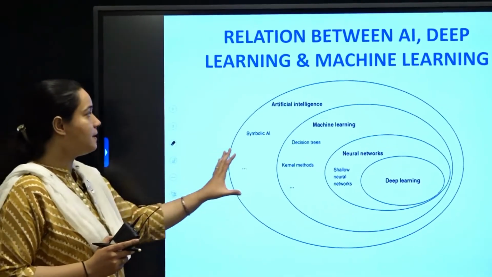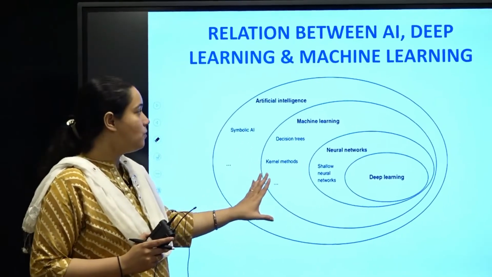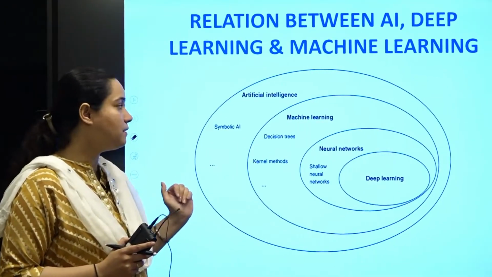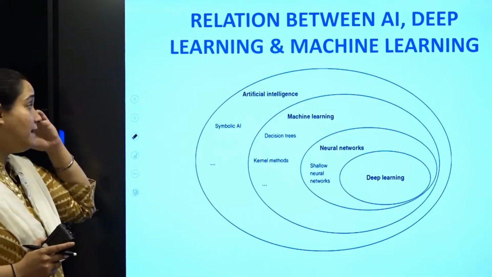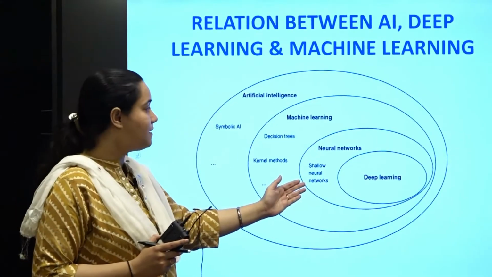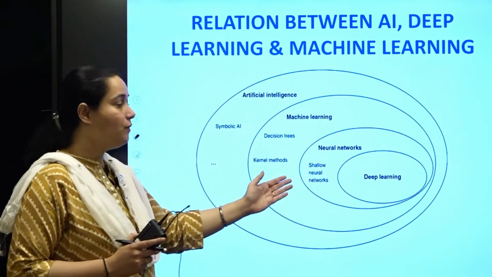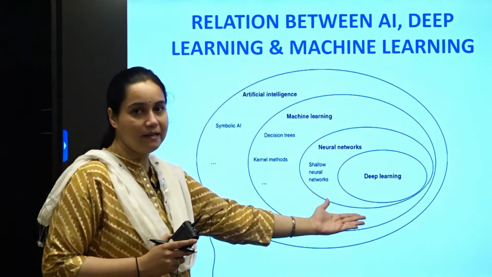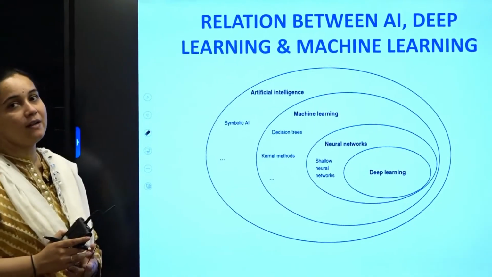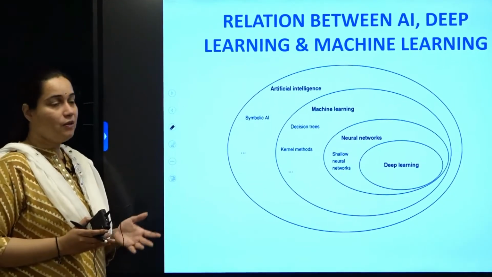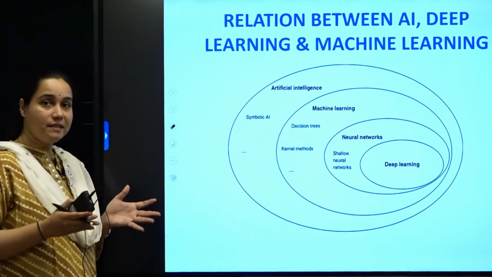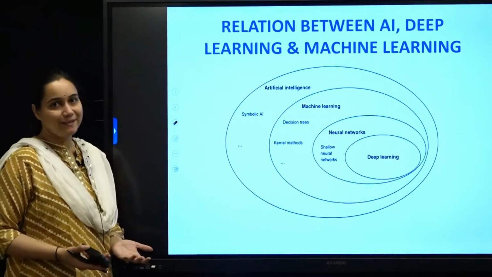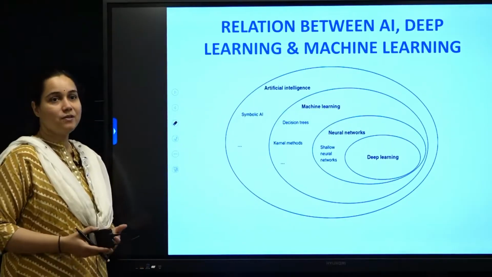Inside that there is a subset, machine learning. Machine learning algorithms have a few examples like decision trees, kernel methods, etc. Inside machine learning there is another subset called neural networks. The first evolvement was the shallow neural network, and then lastly the final subset that we call deep learning. From here onwards, deep neural networks will be referred to as deep learning itself, so please do not get confused.